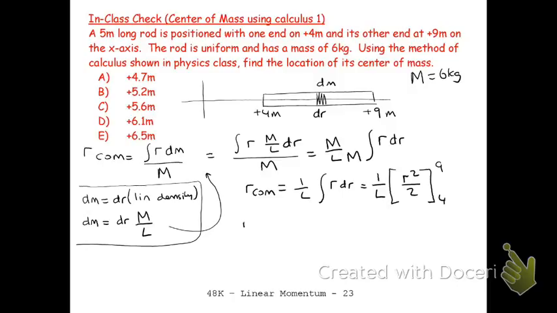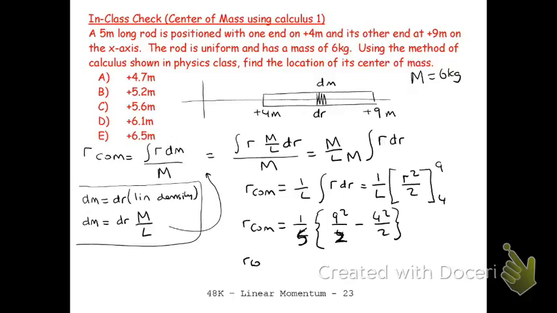So then I'll turn around and say RCOM is equal to 1 over L, and let's just put numbers in now. So 1 over the length is 9 minus 4, which is 5. So I have 1 over 5, and then I'm going to go 9 squared over 2 minus 4 squared over 2.